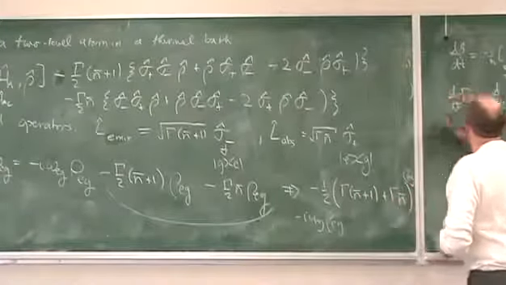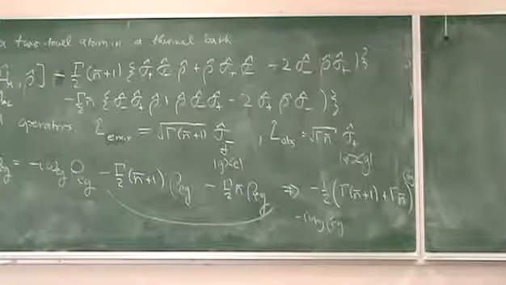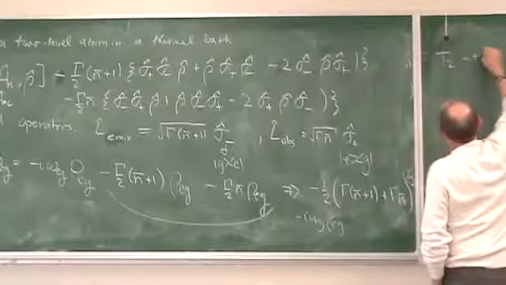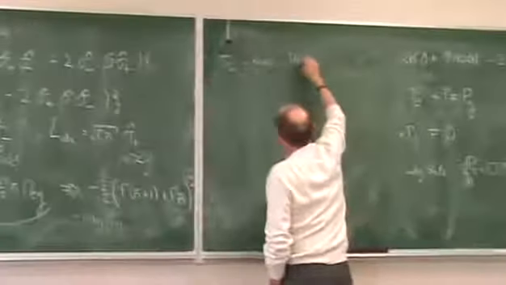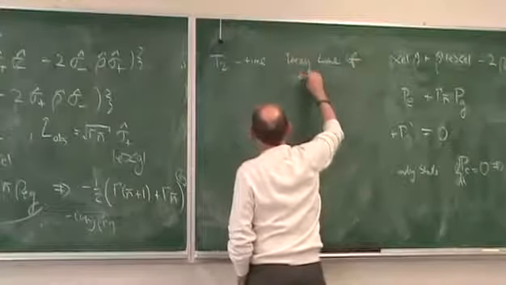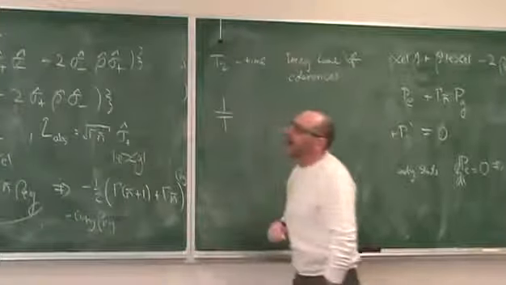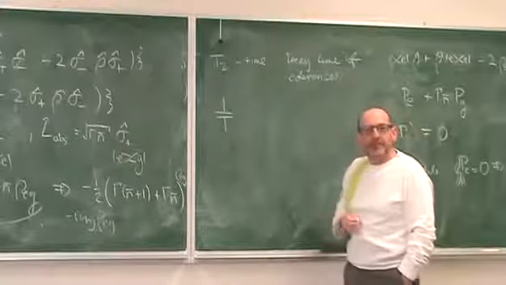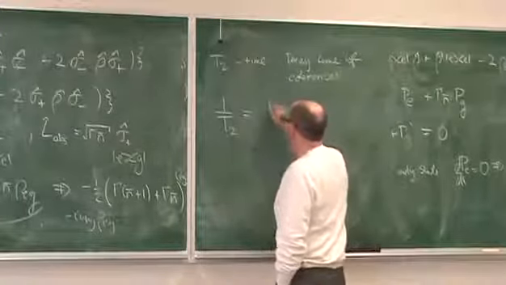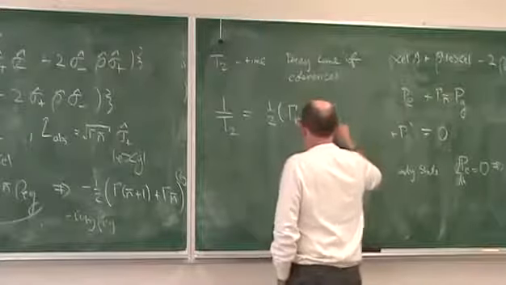This decay rate of the off-diagonal element is what we call the T2 time. So you recall the T2 time is the decay time of coherences. In the absence of any other direct dephasing mechanism, this rate is just 1/2 the rate of decay of the excited state plus the decay rate of the ground state.